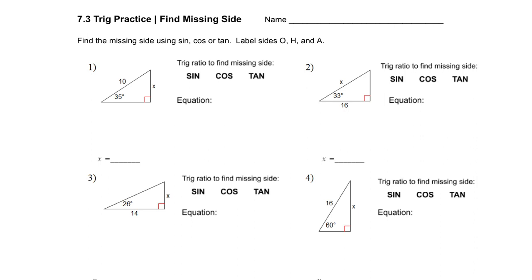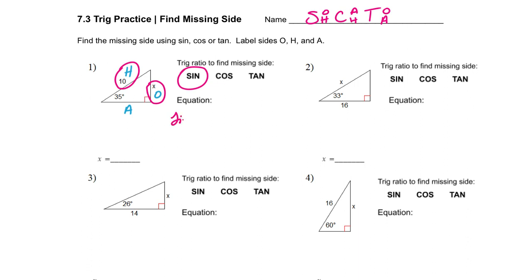The first thing we want to do on our practice is label the hypotenuse, the opposite, and the adjacent. I know the hypotenuse and I know the opposite, and so I know that I have SOHCAHTOA, and so the opposite and the hypotenuse would mean I'm dealing with sine.